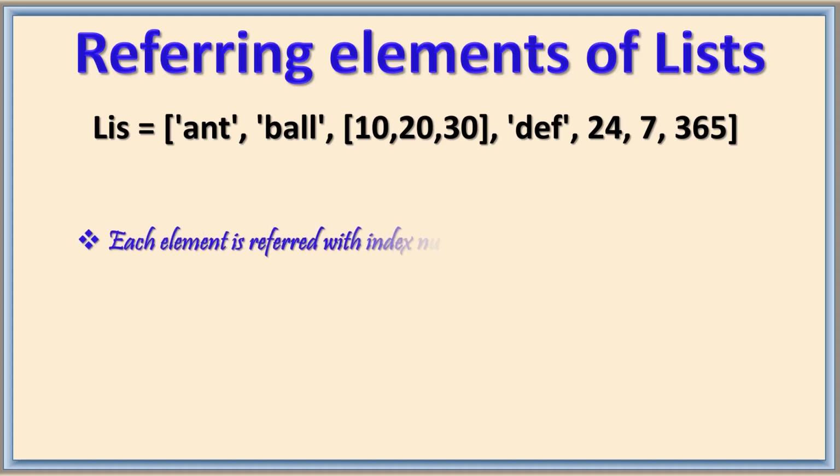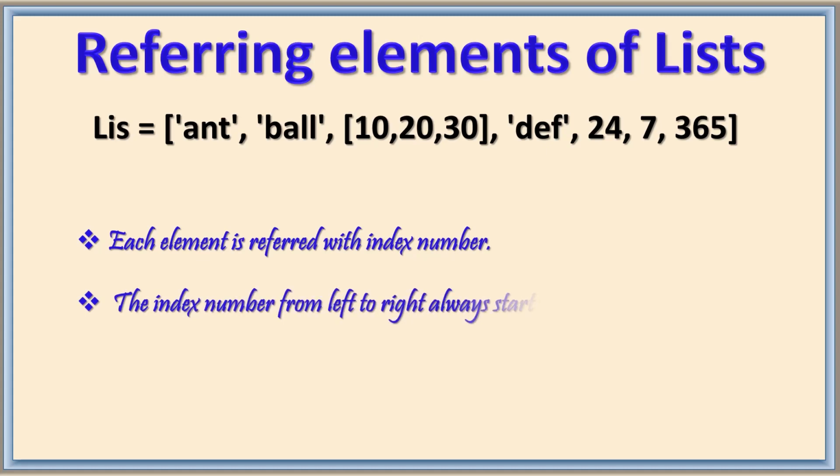The index number always starts from 0 when going from left to right. For example, here ant will have 0 as its index number, ball is 1, and the complete list 10, 20, 30 is a single element having 2 as its index, and then def as a string having 3 as its index number, 24 as 4, 7 as 5, and then 365 as 6.